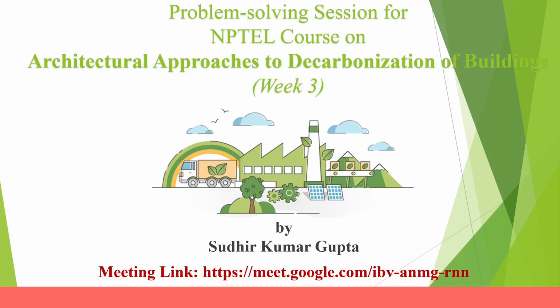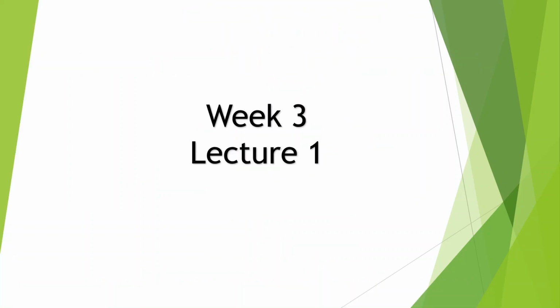We will be starting with our week 3 lecture 1 slides, and in that we will try to see how many questions we are able to answer based on our understanding of the content of week 3.